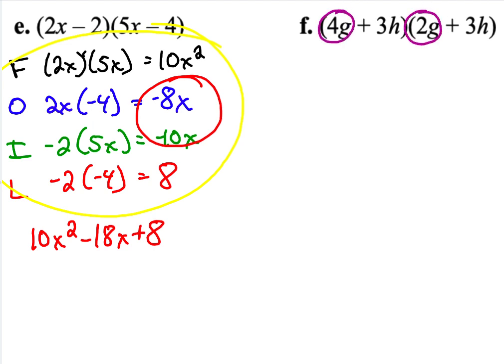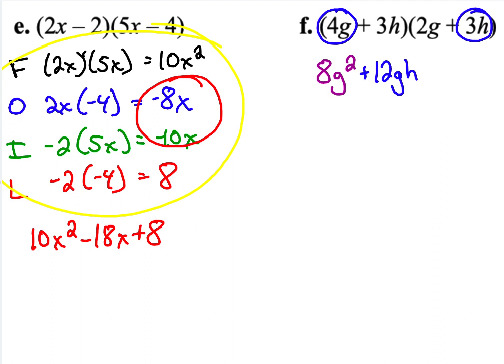All right, last one. 4g times 2g is 8g squared. Remember, you're adding the exponents. Then 4g times 3h outside gives me 12gh. Now I'm going to do inside. 3h times 2g is 6gh.